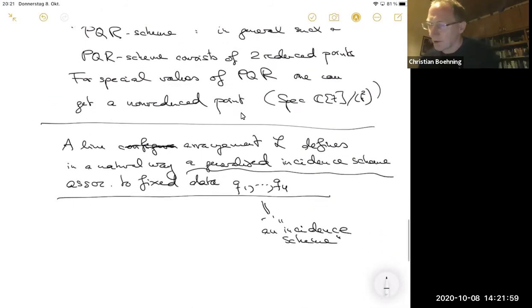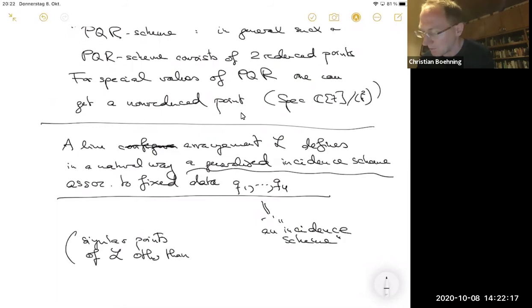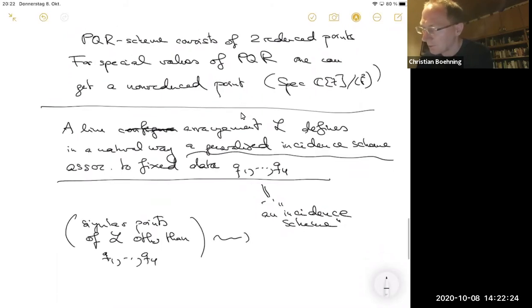And so how does that work? I mean, in the obvious way. To each singular point of the arrangement, other than possibly Q1 up to Q4, I introduce a variable point.